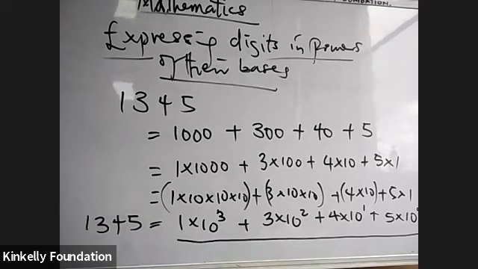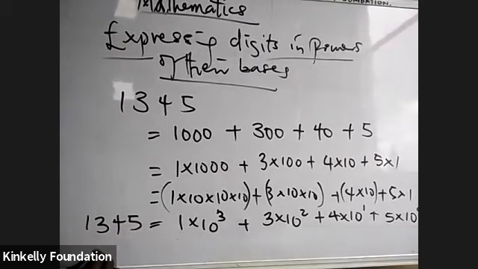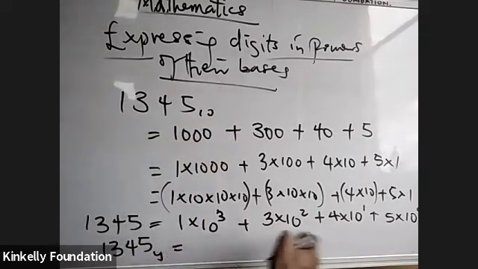Now, having taken note of this, if we have a number like 1, 3, 4, 5 in base y, since this is base 10 here, replace the 10 with y.